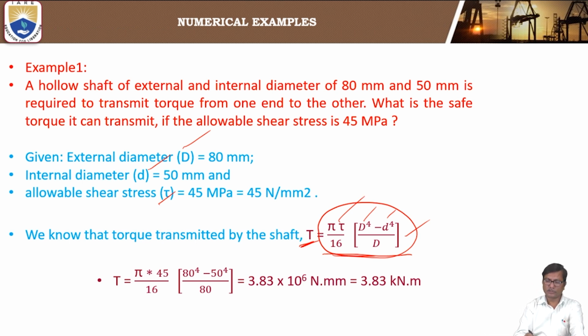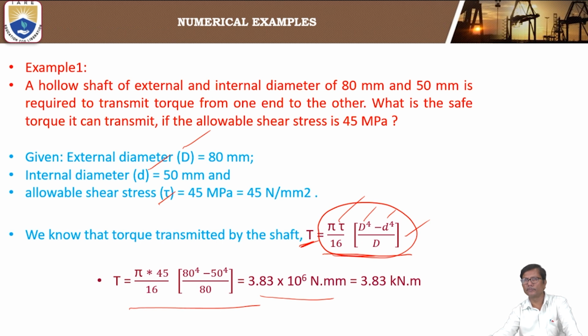By substituting, you will get the torque as 3.83 into 10 power 6 Newton millimeters. Units are very important here. You are substituting tau in Newton per mm square. MPa means Newton per mm square, megapascals.